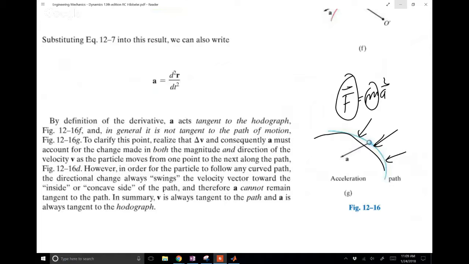Part of it could go tangent to the path if you're increasing the speed, and then part of it is the change in direction. For example, you get out in the parking lot. I'm not suggesting you do this, but you start going around and around in a perfect circle, usually starting off with speed equal to 0.